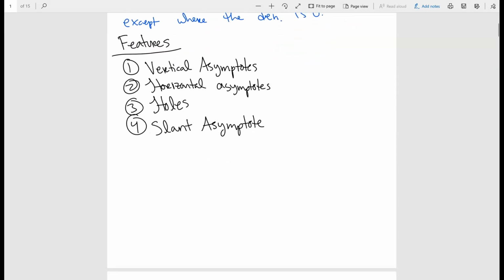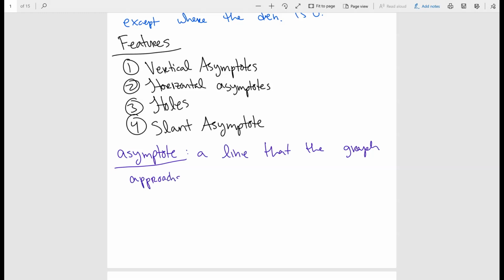Just a reminder, you should know what an asymptote is from trigonometry. An asymptote is basically a line that the graph approaches but never crosses.